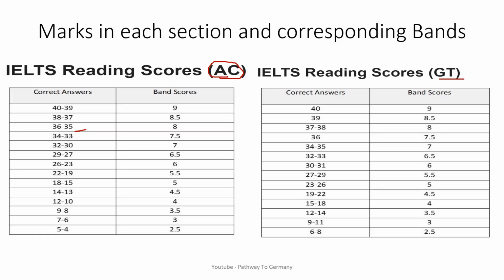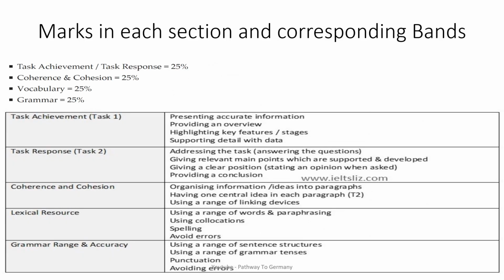Now coming to the writing part, unlike the reading or listening section where you will be marked right or wrong, in the writing section you will have different criteria to evaluate your answers, and perhaps they might be done manually, or we never know how they are evaluated, but these are the criteria on which your answers will be evaluated.